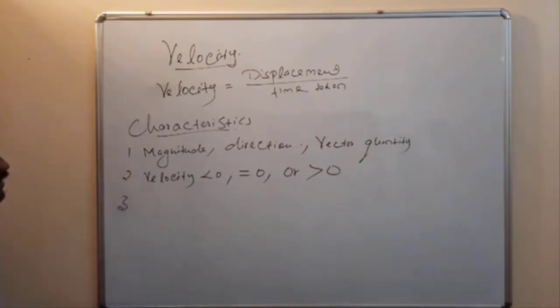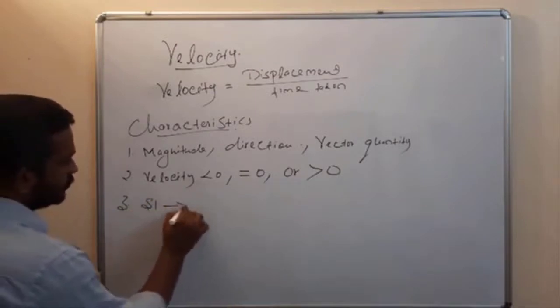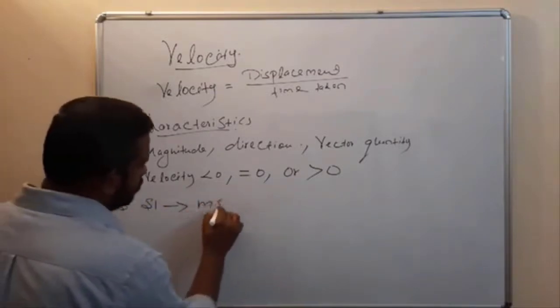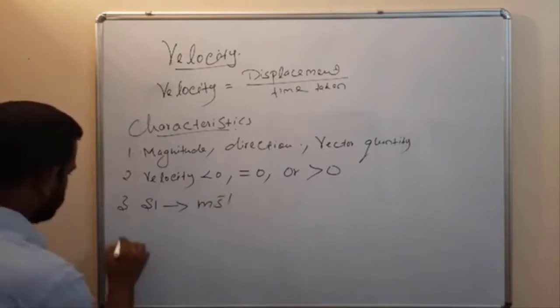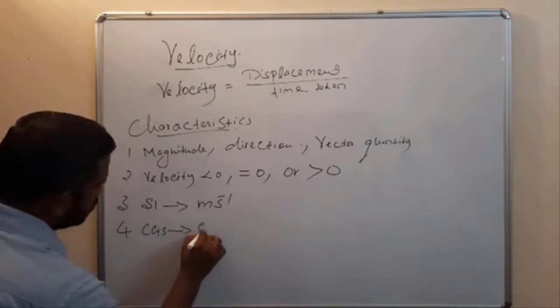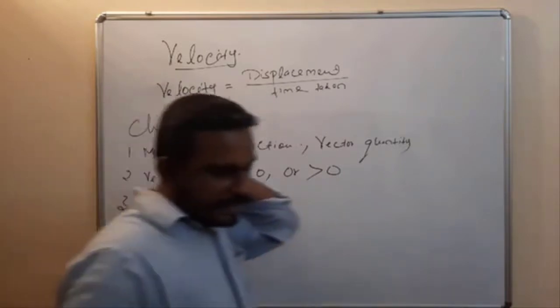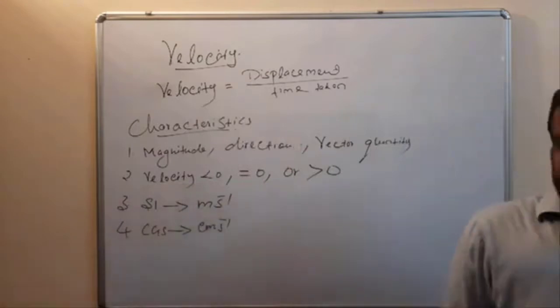SI unit: meter per second. CGS unit: centimeter per second. So these are the characteristics of velocity.